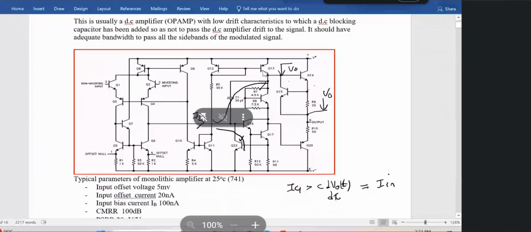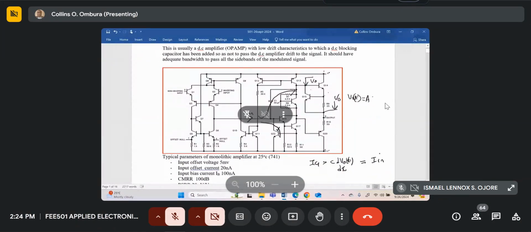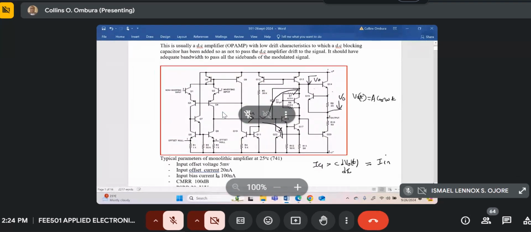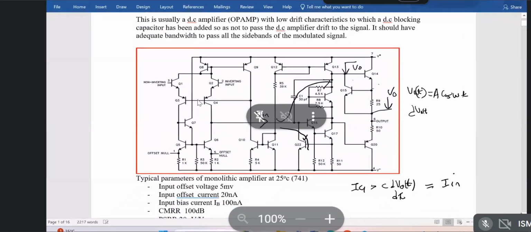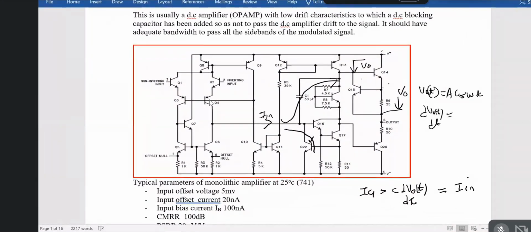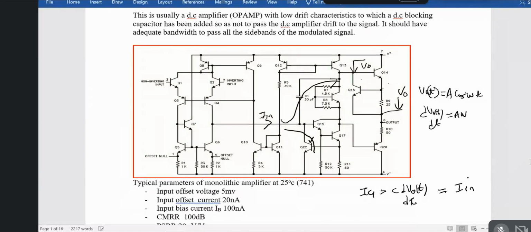So if we say V naught of t is equal to, say, some A cos omega t, then dV naught of t will be equal to A omega sin omega t.